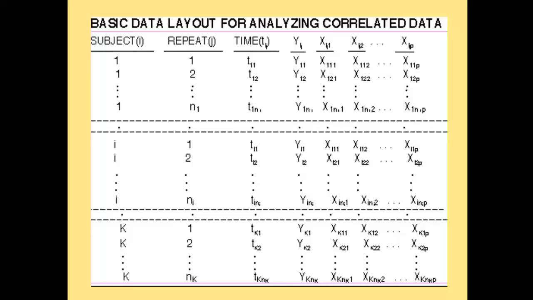So when you start thinking about your project and whether you have a legitimate project to work in this course, you've got to think about what the data layout is, whether it fits this data layout. Now, one thing to notice is that if it turns out, when you look at the Y, the outcome variable, that for every subject in the study Y doesn't change, all these Y's are exactly the same value, you don't have a correlated data study.